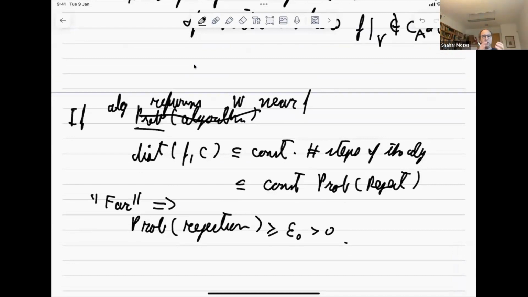So you have this collection of places where what it shows is not what was written there. And then the algorithm tries to improve. It runs a greedy algorithm and tries to fix locally. The number of places where there was disagreement between what the algorithm thought should be and what was there is finite. Each time it decreases, so eventually it stops decreasing. And then either it found a word in the code, or it says that it's far.